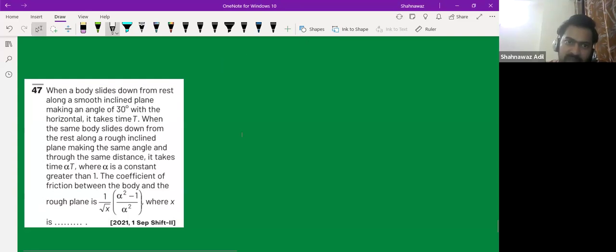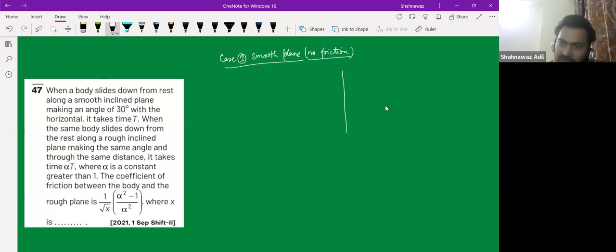Case first: smooth plane means no friction, right? So we have no friction, and then what would be the diagram? So we have this thing.